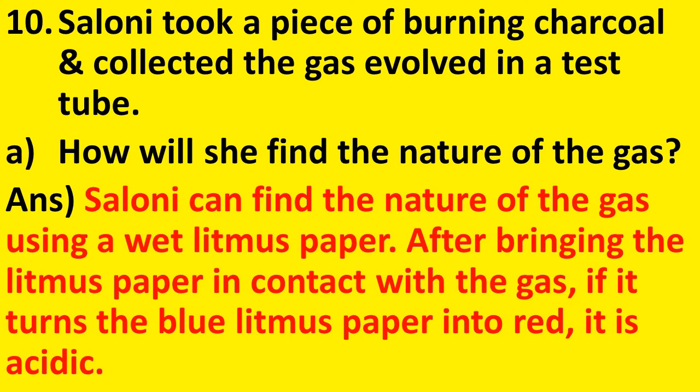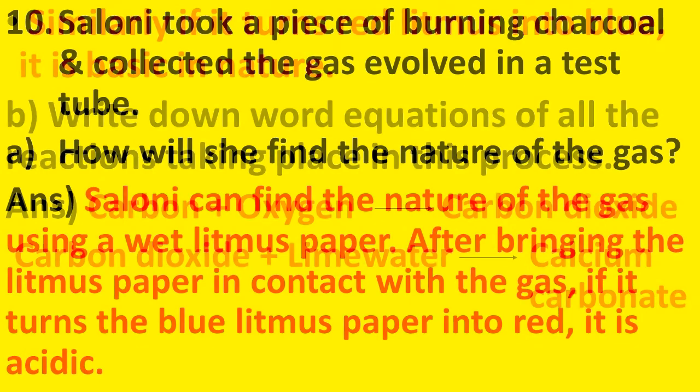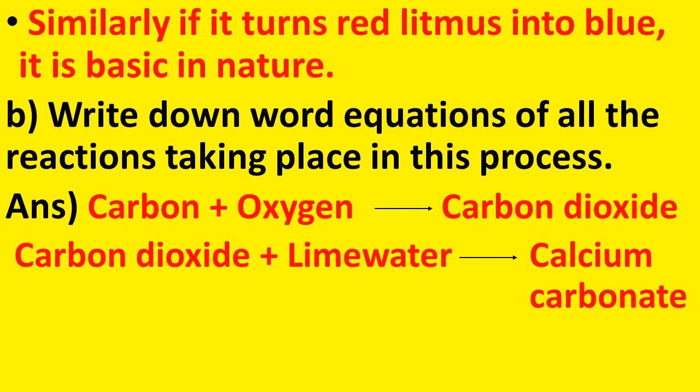If that blue litmus paper is turned into red, then we can say that it is acidic in nature. Also, if it turns red litmus into blue, it is basic in nature. So, after bringing the wet litmus paper near the gas, if it turns the red litmus into blue, then we can say that the gas evolved is basic in nature.